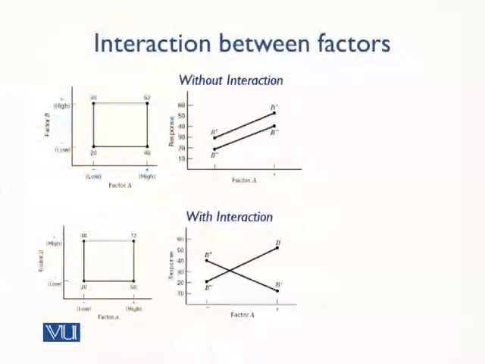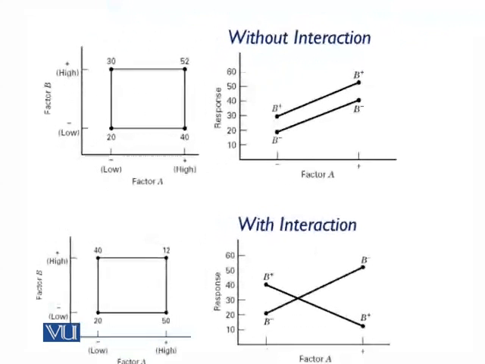To illustrate this, let's consider a simple example. You can see on the slide now two simple cases. This is a two-factor, two-level factorial design. Because of that, when you have factors each having two levels, these factors in this case are known as factor A and factor B. Each one of them has two levels.